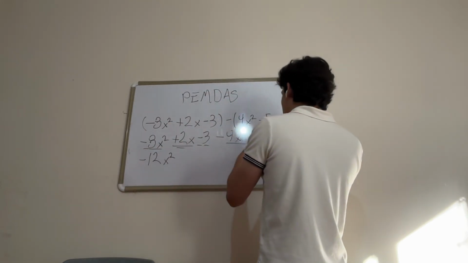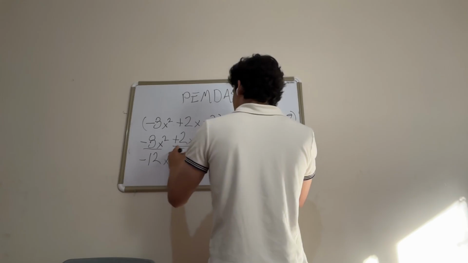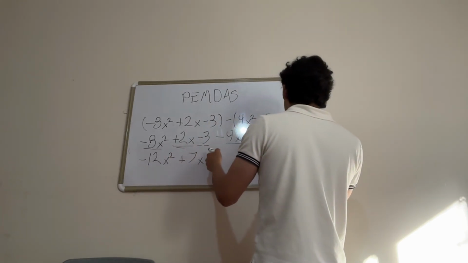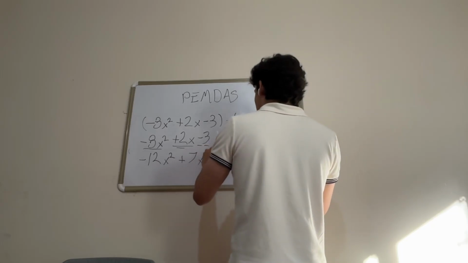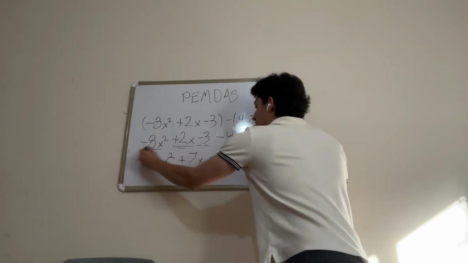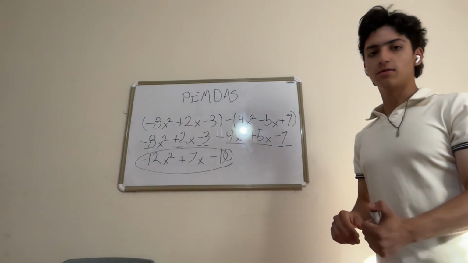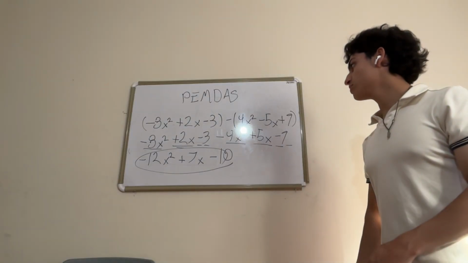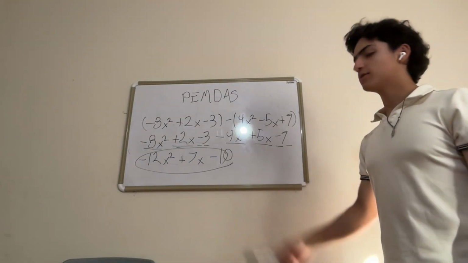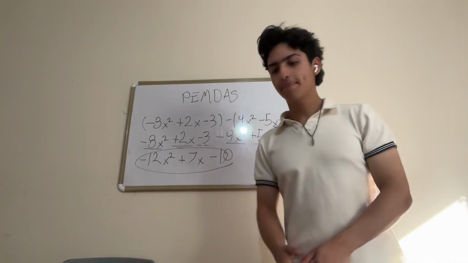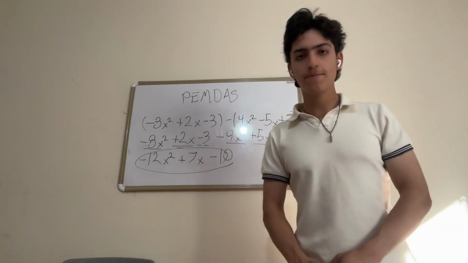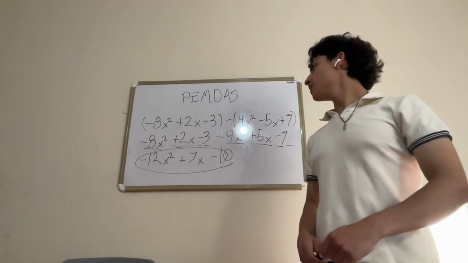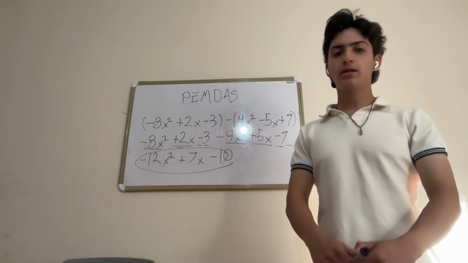Then we have this one. It's going to be 7 plus 7x. And then we have this one. It's going to be minus 10. So there you go. We have the final answer. Pretty easy. I mean, the thing here is just to understand the fundamental principles about this. Okay, so that's basically addition and subtraction of polynomials. Okay, the next thing is going to be multiplication and division of polynomials.